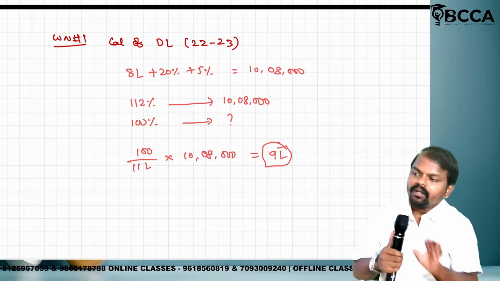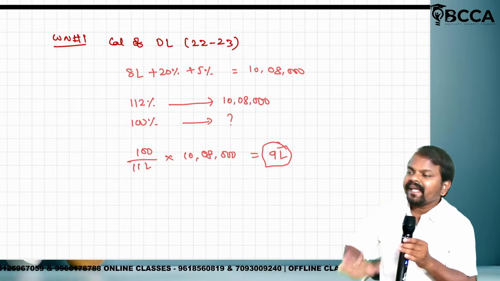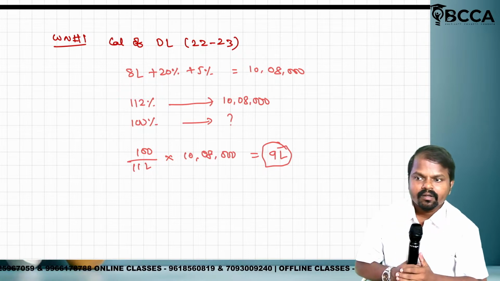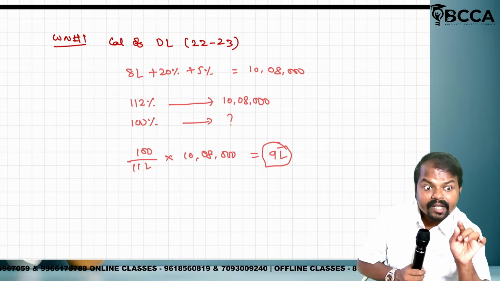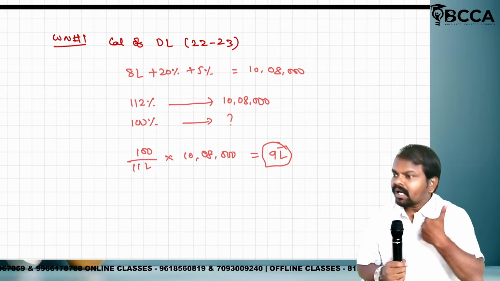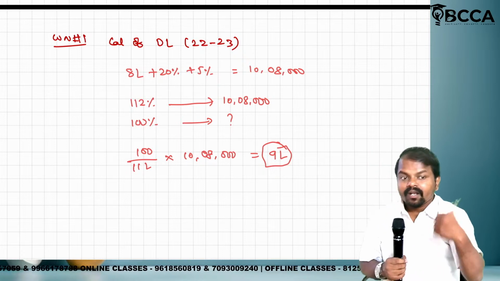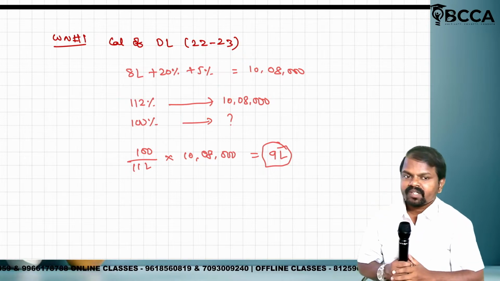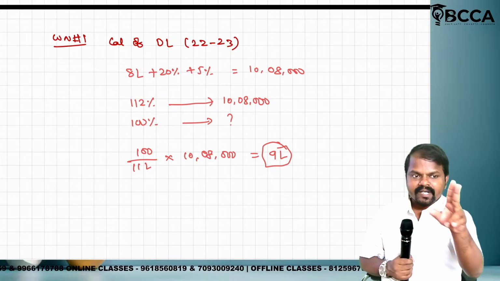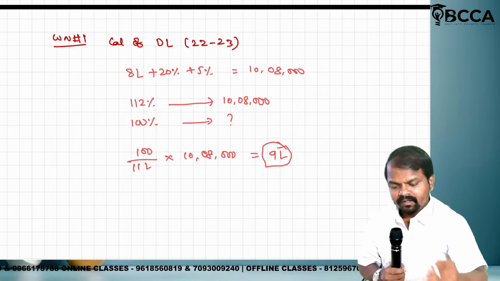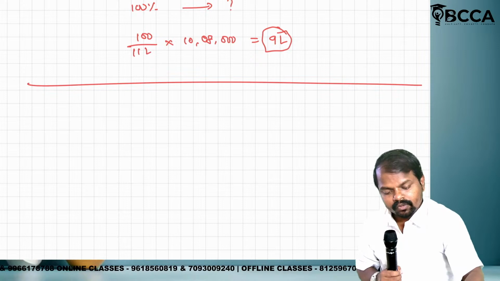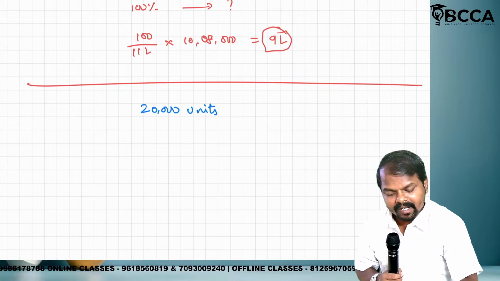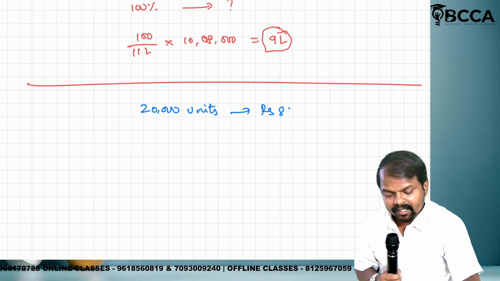Okay, na? Now tell me, my dear, current year, what is the labor? Correct? For how many units? 20,000 units. Now we are in next year. How many units we are going to be sold and manufactured? For 20,000 units, how much labor incurred? 8 lakh.